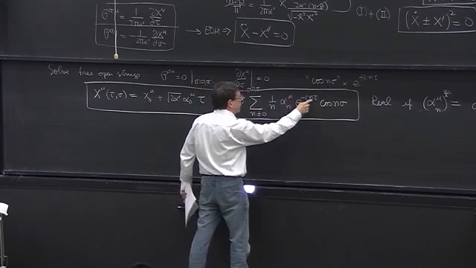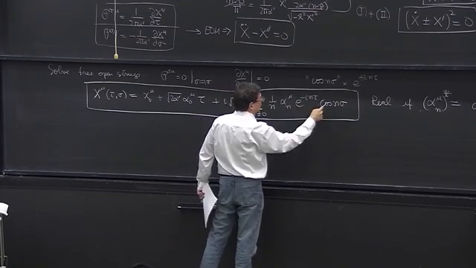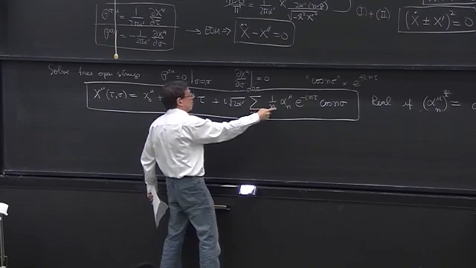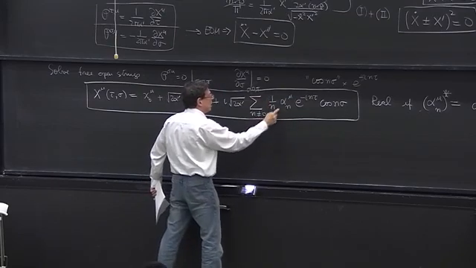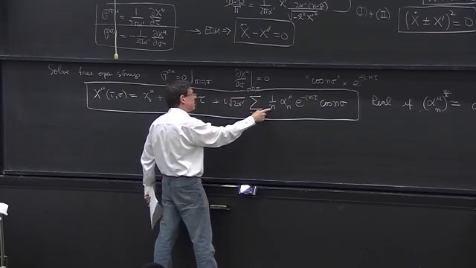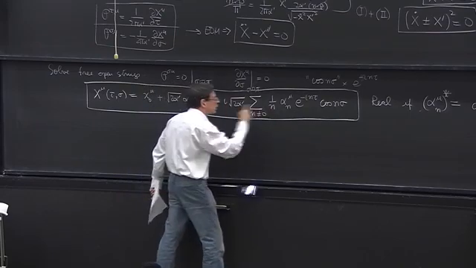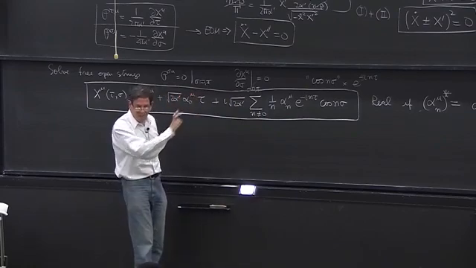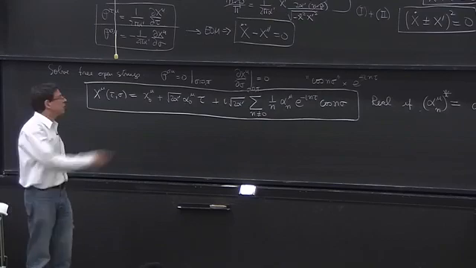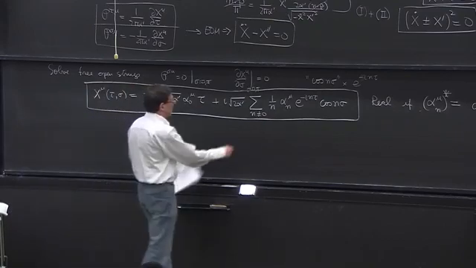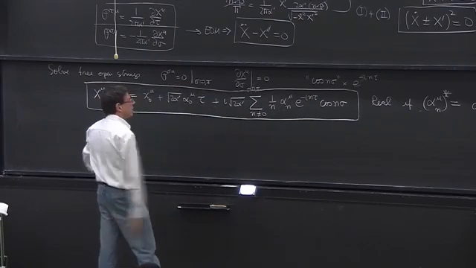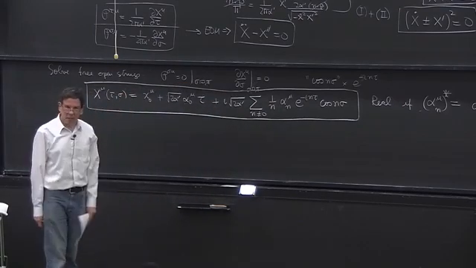Cosine with minus n doesn't change. Everything is becoming minus n. So with the i, when you take the complex conjugate, it becomes like minus n. And please check it, but it's almost clear by inspection that this thing is real now. But you can check it. Just take the complex conjugate, and you will see the sums positives, the sums negative trade with each other, and it becomes the same. And this should be real.